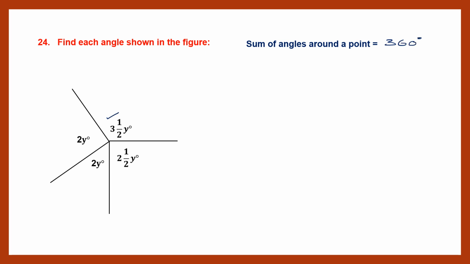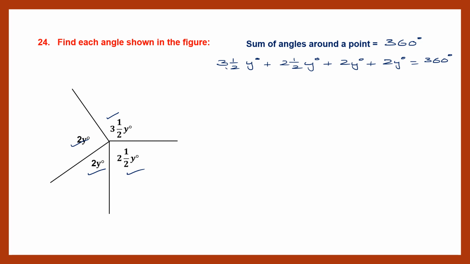So let's write this 3 1 by 2 y degree plus next one 2 1 by 2 y degree plus 2 y degree plus again 2y degrees. This is equal to 360 degrees. So now first let's convert these mixed numbers.